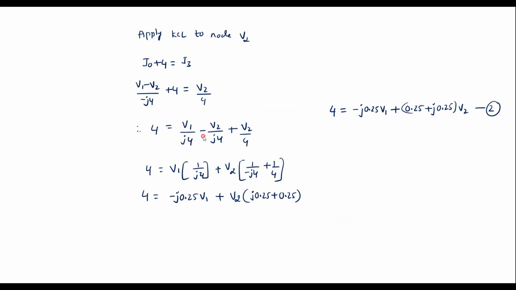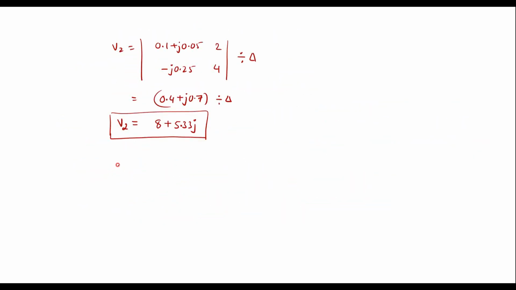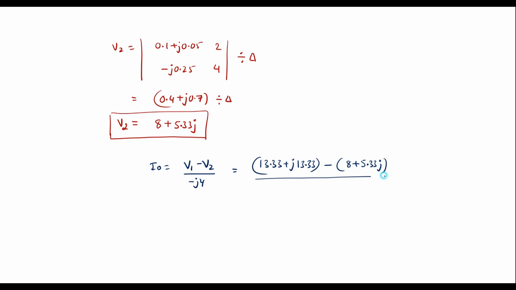So now here we know that I0 is equal to (V1 minus V2) divided by minus j4. Let me calculate I0. That is V1, 13.33 plus j13.33, minus V2, that is 8 plus j5.33, whole divided by minus j4.